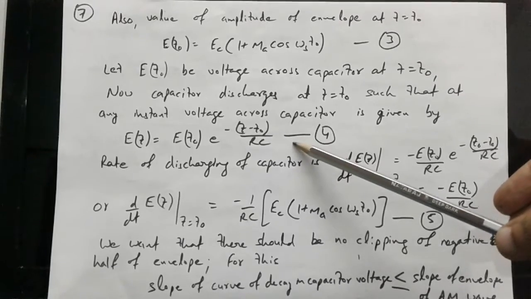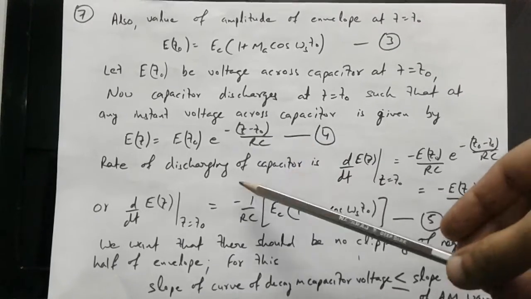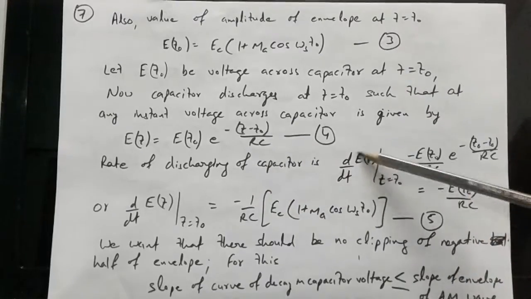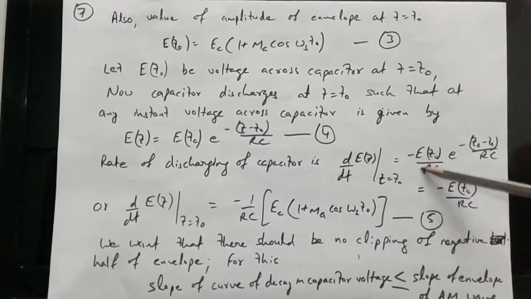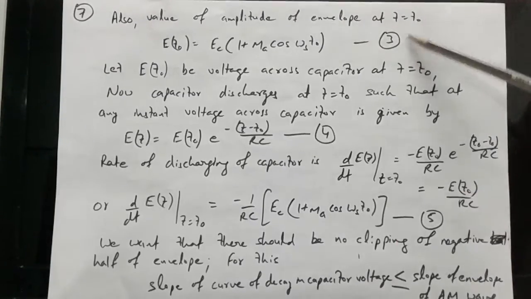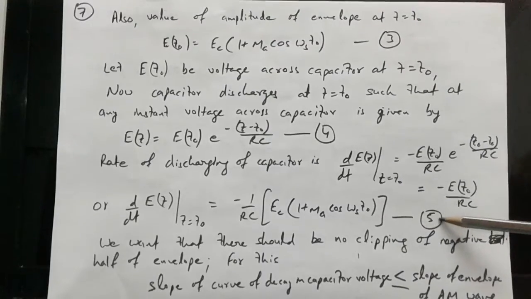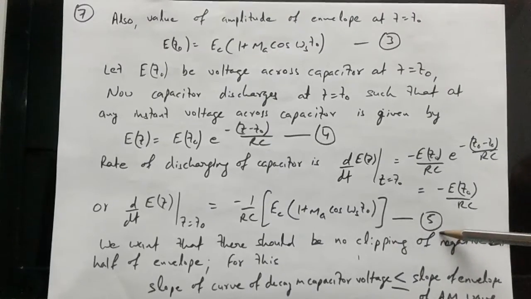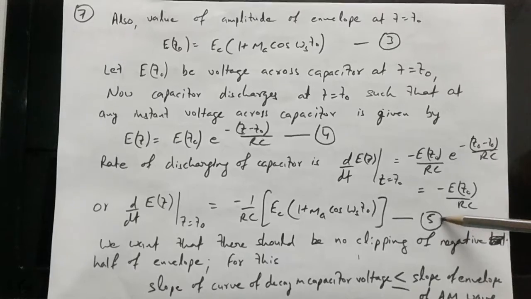From here, if we find the slope of this capacitor voltage by the same first derivative, you get this value, and by putting the value of E t0 from equation 3, you get equation 5. So equation 5 gives you the slope of the capacitor voltage.